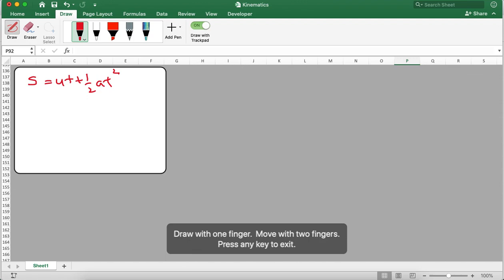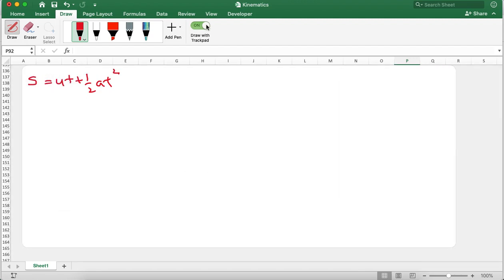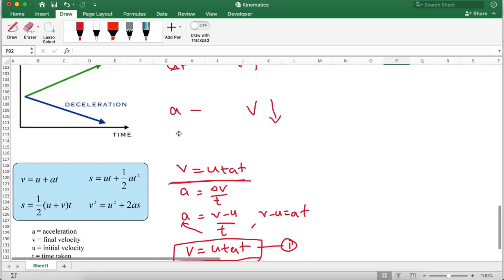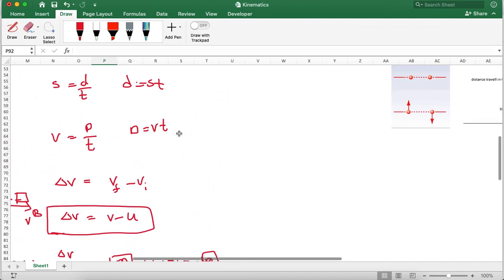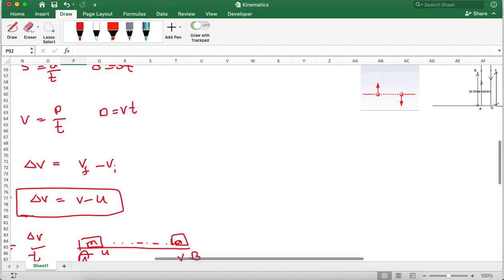So first I'll explain average velocity, and then I'll come to this equation.